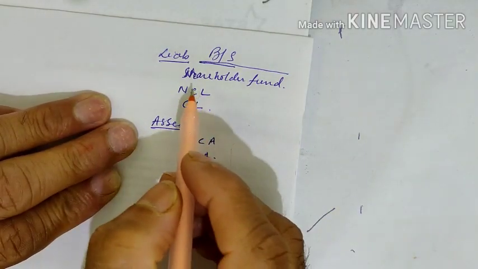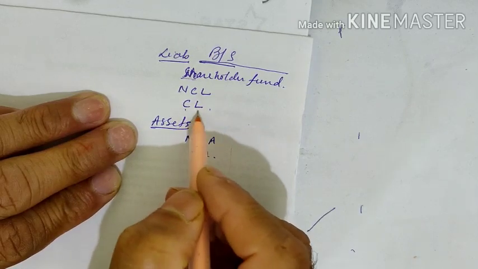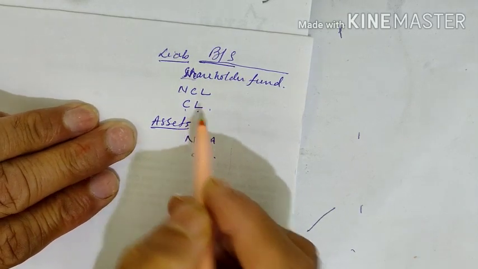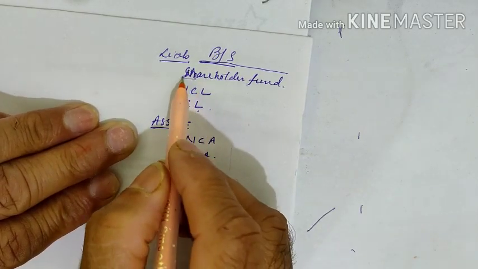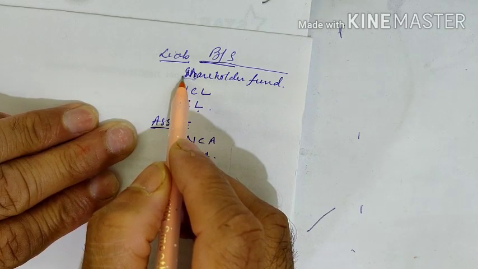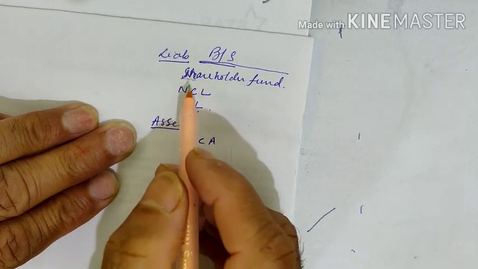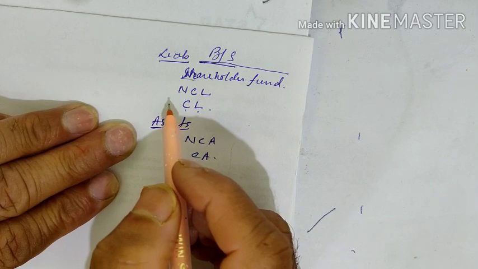I think by now you have all understood the meaning of shareholders fund, non-current liabilities, current liabilities, but still I'll explain once. Shareholders fund, these are all those funds which have relation with the shareholders. That means the shareholders have a claim on it, like share capital, reserve and surplus.